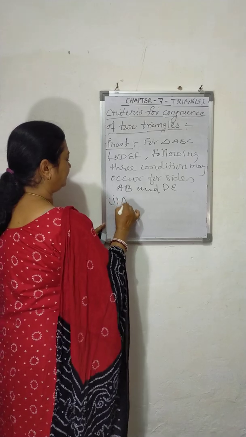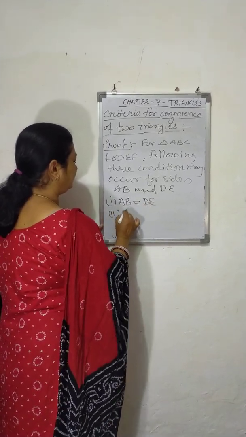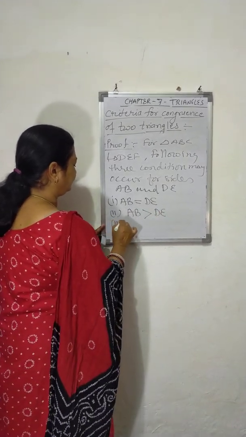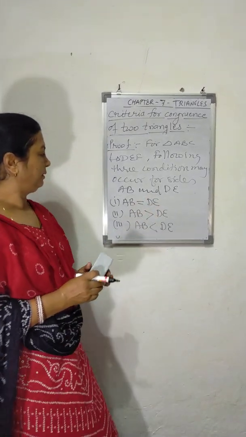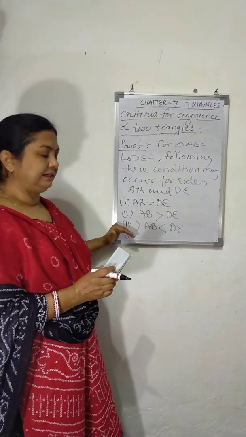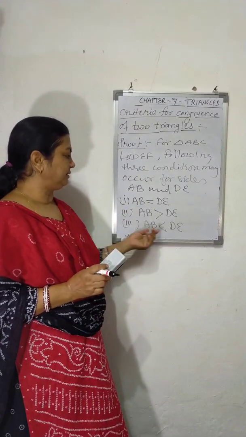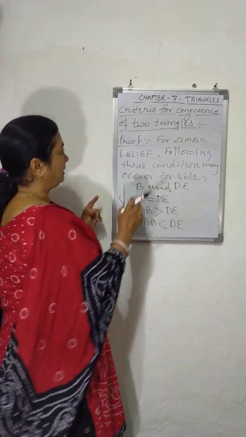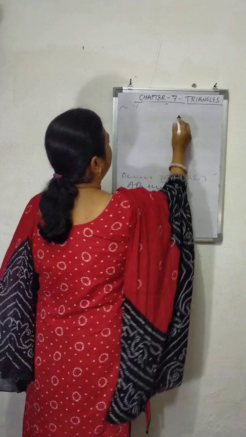First condition, AB is equal to DE. Second condition, AB is greater than DE. And third condition, AB is less than DE. Now, one by one we will take all these three conditions. I am going to explain two of these conditions, and the third condition you will prove yourself.